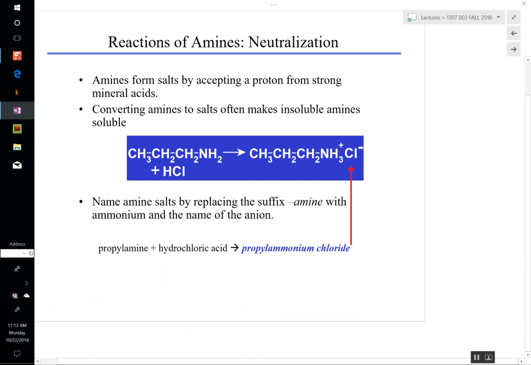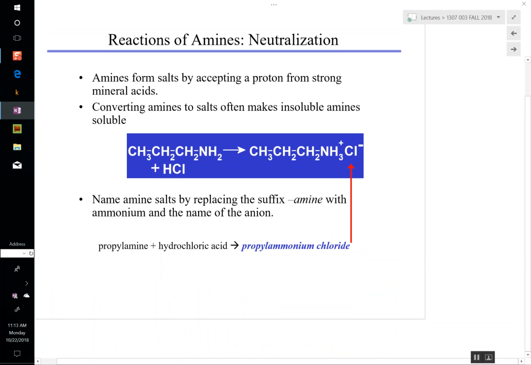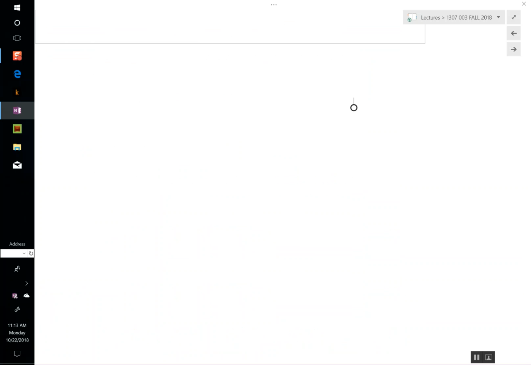This is a simple but important little reaction. Oh, let me just introduce this by saying that what you need to understand is that amines are weak bases. So I'll pull that slide down in just a second. But again, review from 1305.